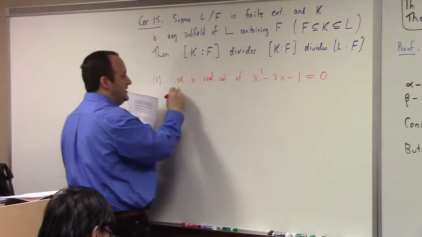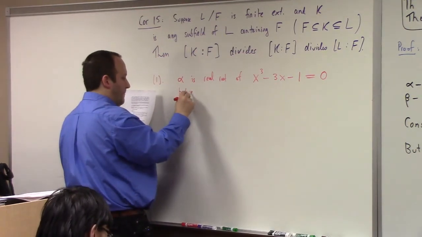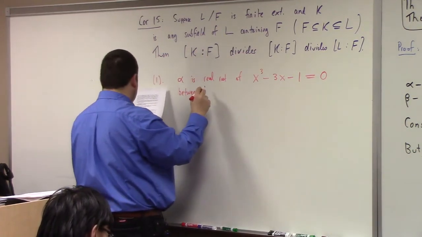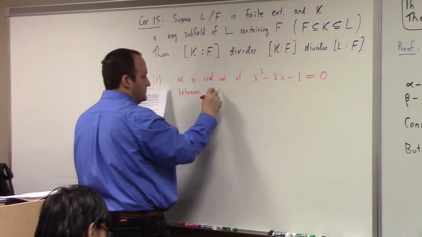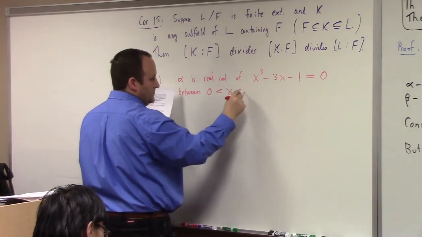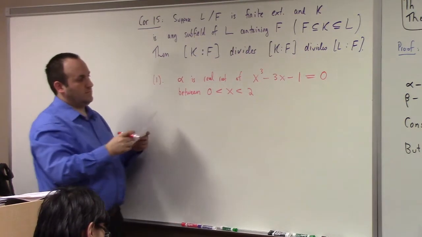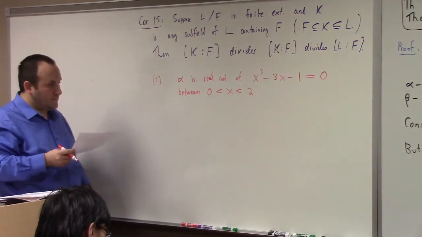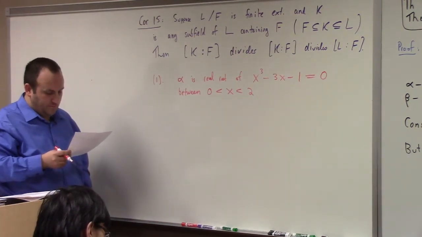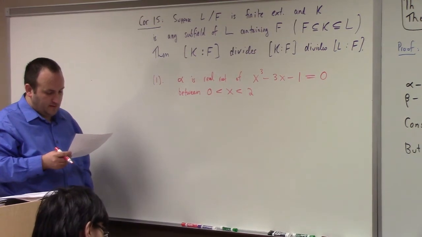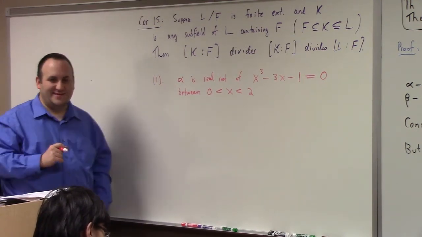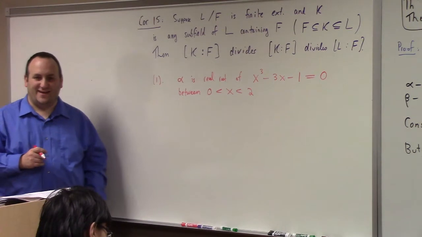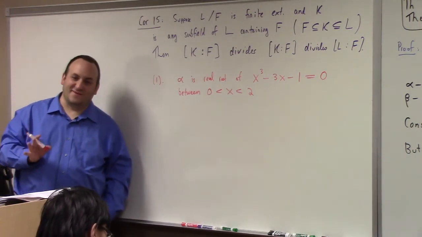And he says between 0 and 2. I think the point of saying that is that we don't want to solve for alpha.